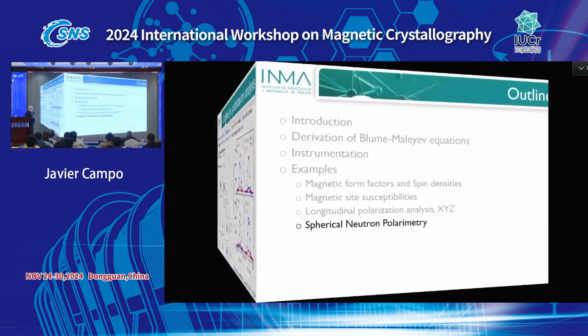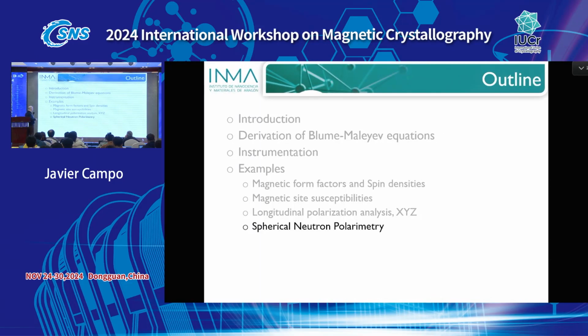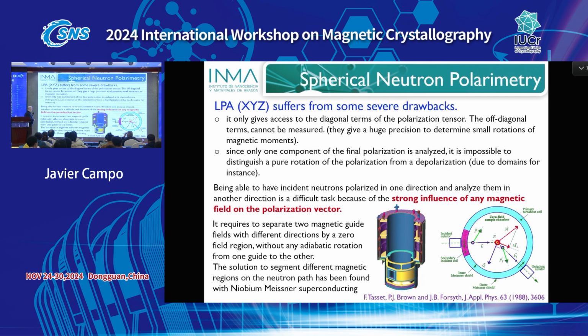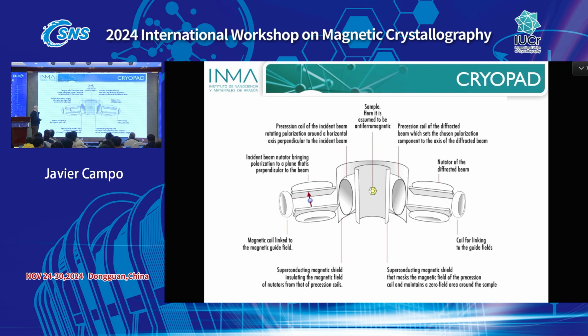I will go to the spherical neutron polarimetry. Here, we control the initial polarization state and the final polarization state. Maybe it's better to see here the video of cryopad, of one instrument for which we can control the polarization at the beginning and at the end.